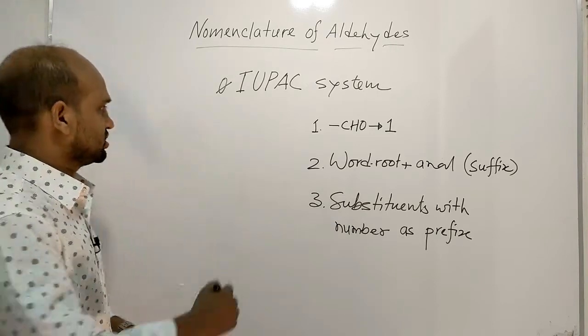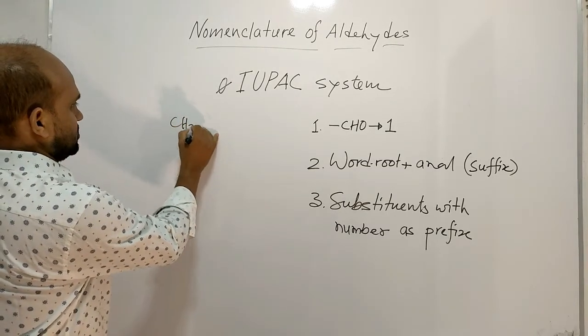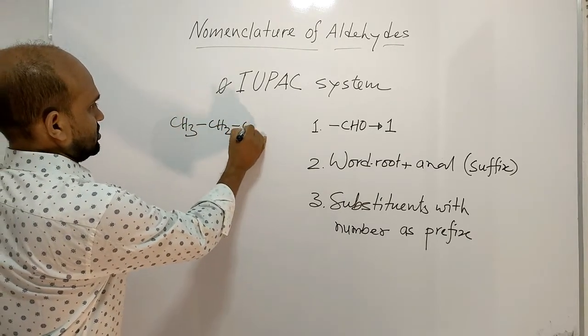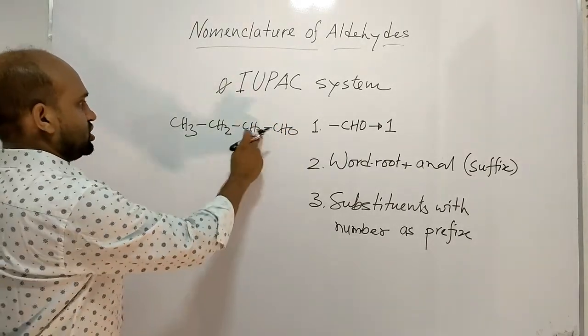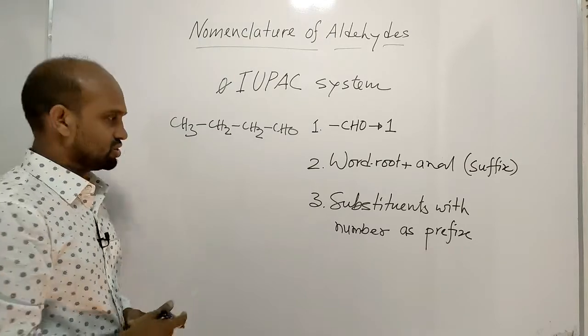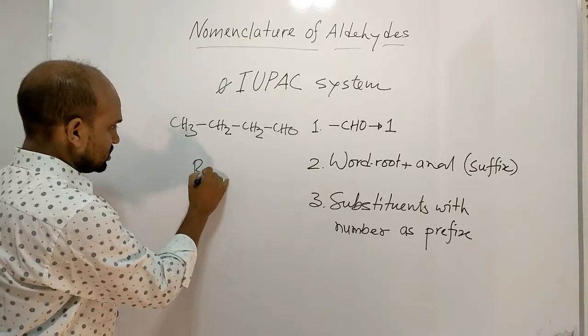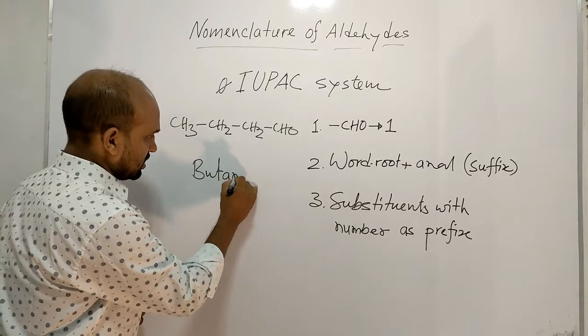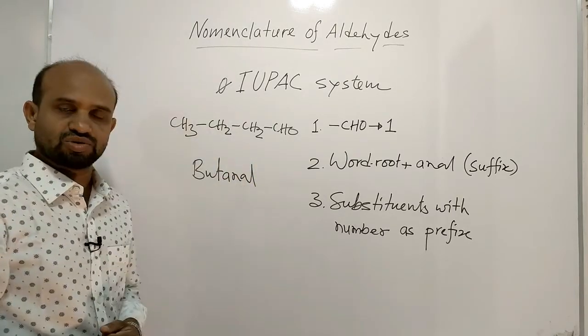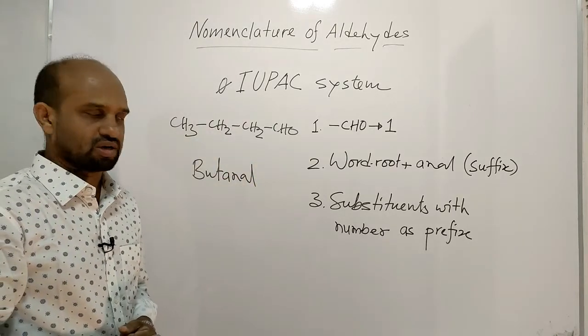Now the compound is one, two, three, four carbon atoms. So word root is here but and anal as suffix, so it is butanal.